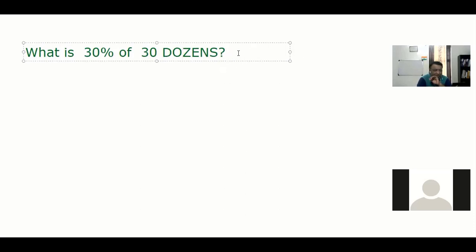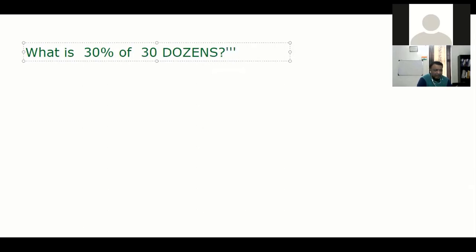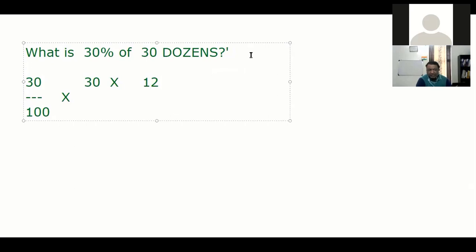How do you do that? So everybody knows 30% means 30 by 100, 30 out of 100. We know of means into. What does dozen mean? One dozen is 12. Correct? So 30 dozen is 30 into 12.